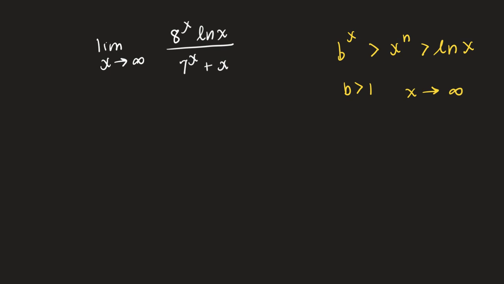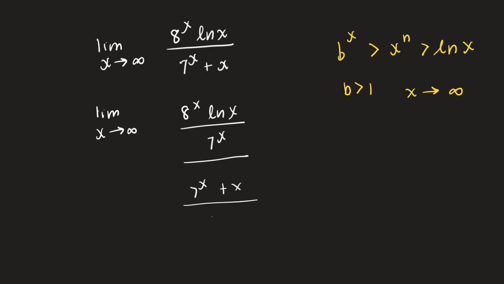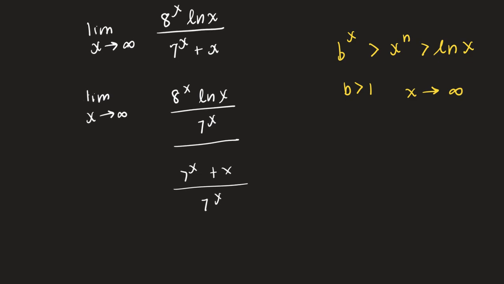So I'm going to first start off by finding the limit by dividing top and bottom by 7 to the x. So I'll have the limit as x approaches infinity of 8 to the x, ln of x, all divided by 7 to the x, all over 7 to the x plus x divided by 7 to the x. When I simplify, then I'll get the following.